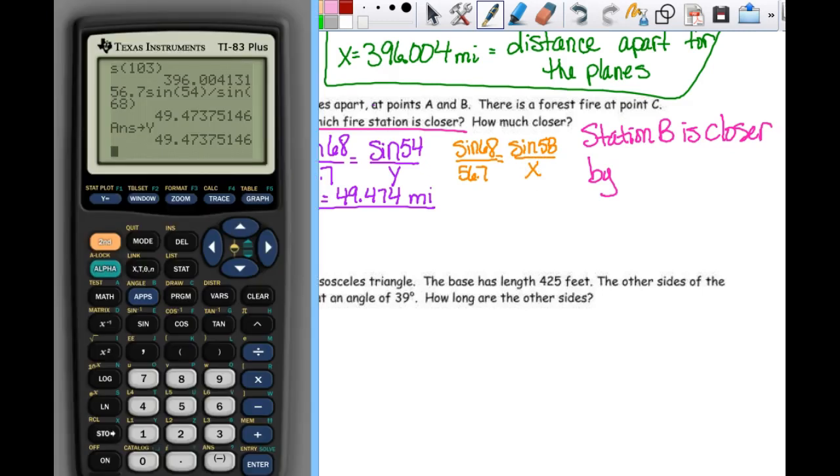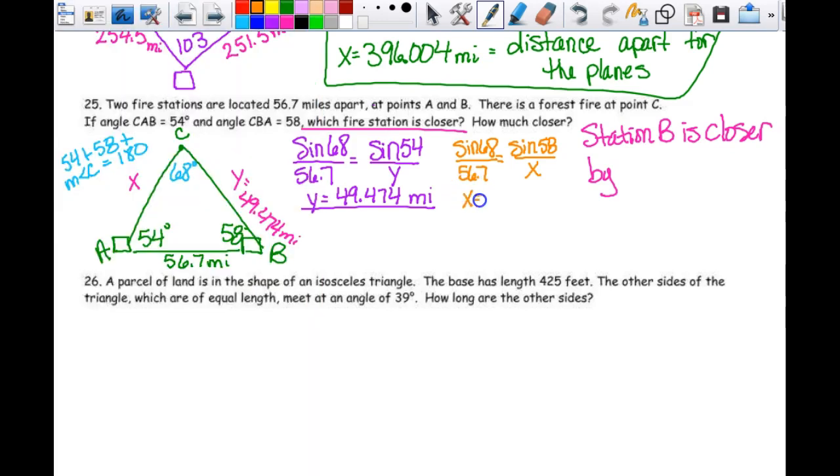So in my calculator, 56.7 times the sine of 58 divided by the sine of 68 gives me that for x. So I'm going to store that in x. Come over here and write that down. X is equal to 51.861 miles.